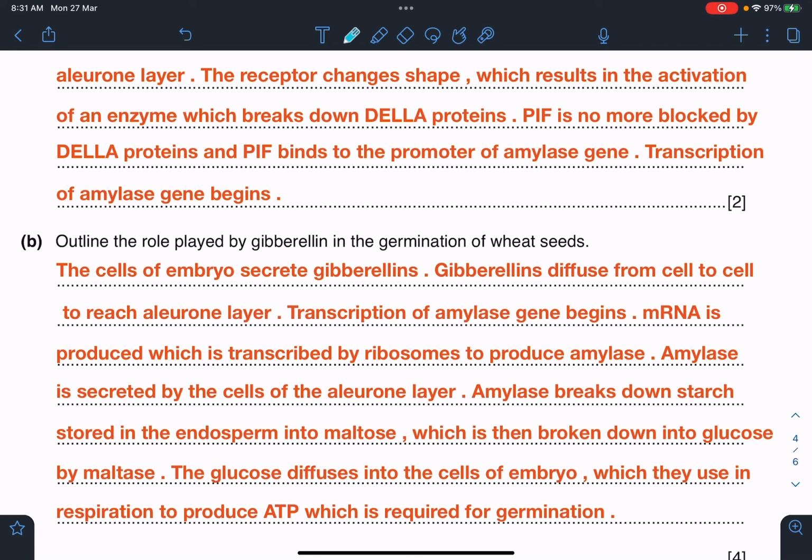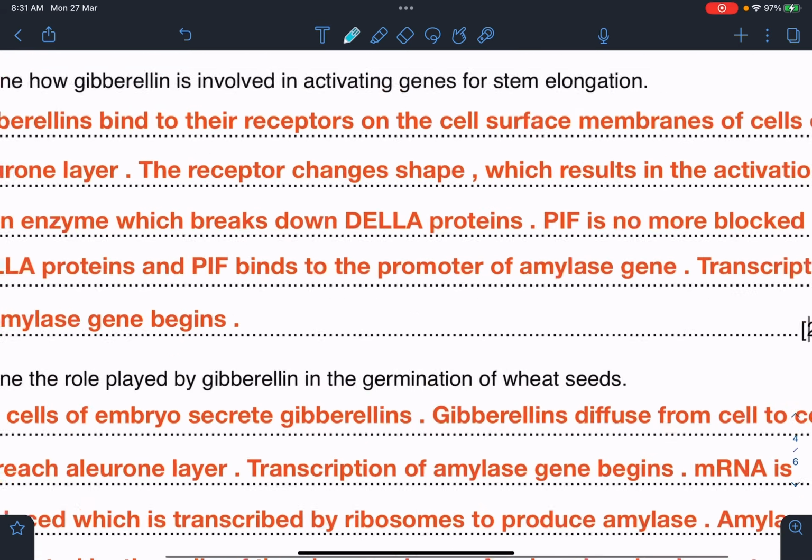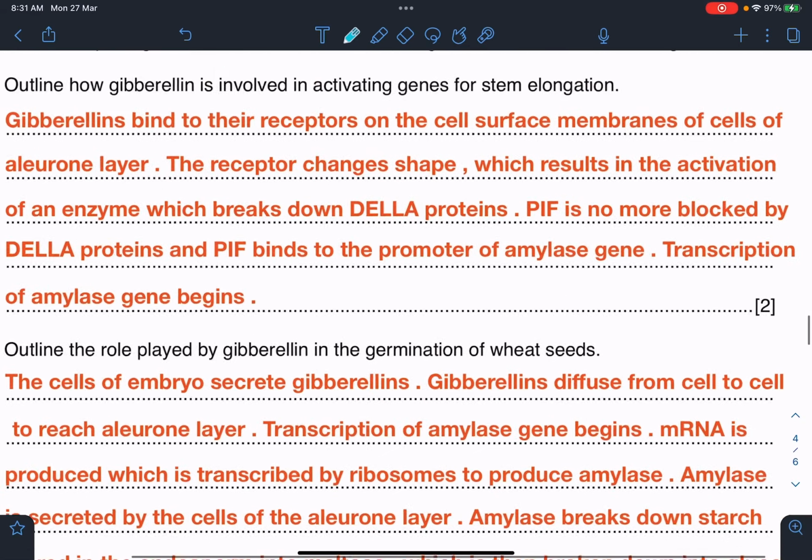This enzyme will break down DELLA proteins, and when DELLA proteins are broken down, PIF is no longer blocked by DELLA proteins, and PIF binds to the promoter of the amylase gene. Then transcription of the amylase gene begins. You will score 2 marks if you write all this.